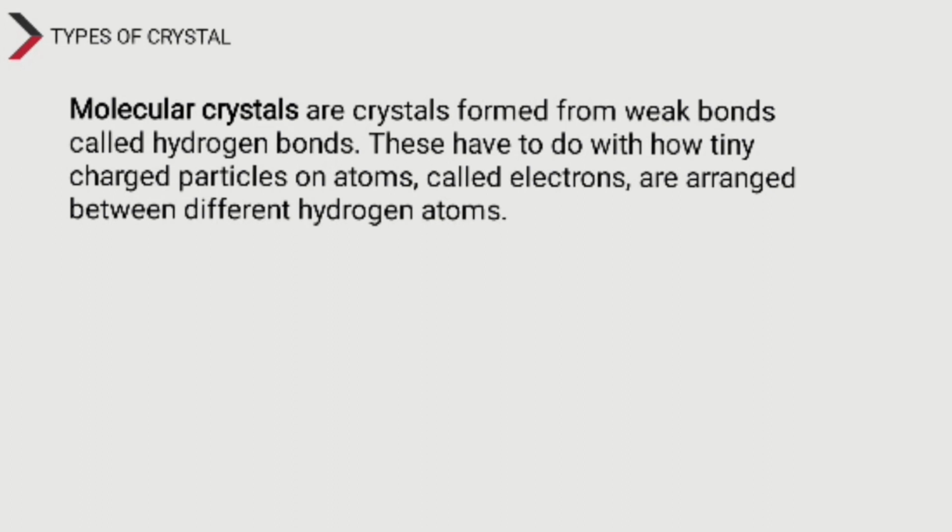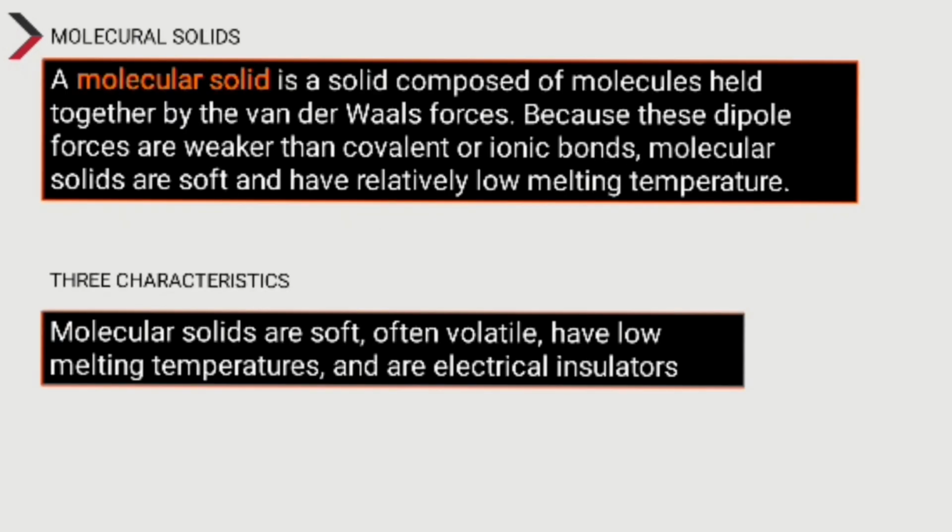These have to do with how tiny charged particles on atoms, called electrons, are arranged between different hydrogen atoms. So, what are molecular solids? A molecular solid is a solid composed of molecules held together by van der Waals forces.